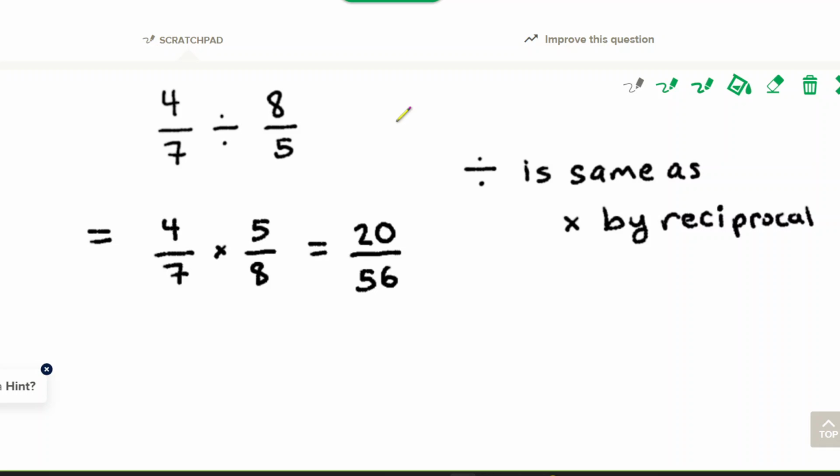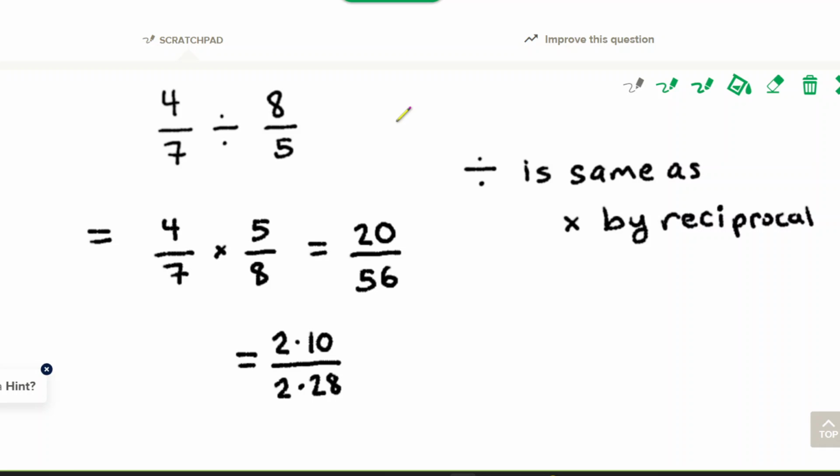But we are also asked to write this in simplified form. So I would like to find if the numerator and denominator have any common factors. Are there any numbers that go into 20 and into 56 evenly? Well, they're both even, so they both have 2 as a common factor. 20 is 2 times 10. 56 is 2 times 28.